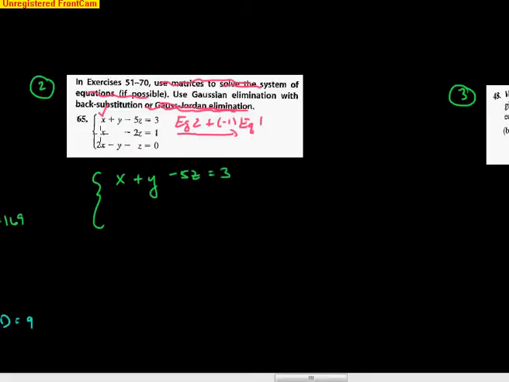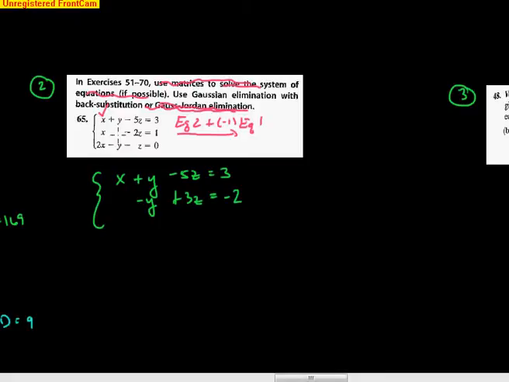Now my second equation, x minus x goes away. Negative y minus y is negative 2y. And negative 2z minus negative 5z is negative 2z plus 5z, and that's plus 3z. 1 minus 3 is negative 2.